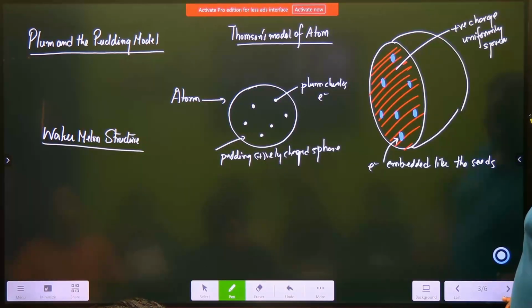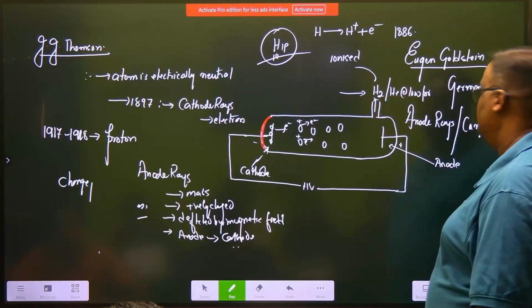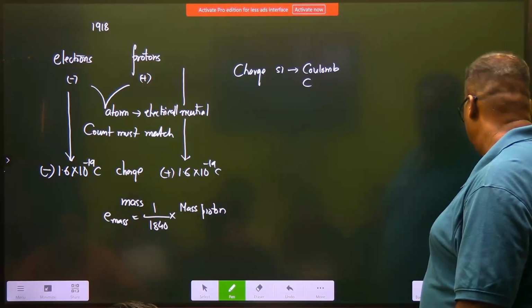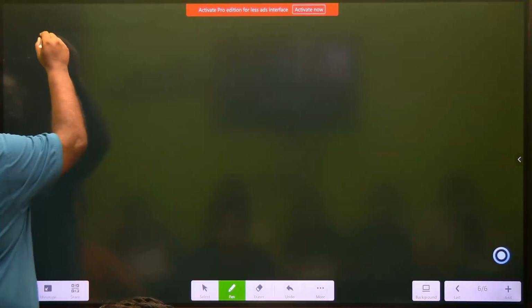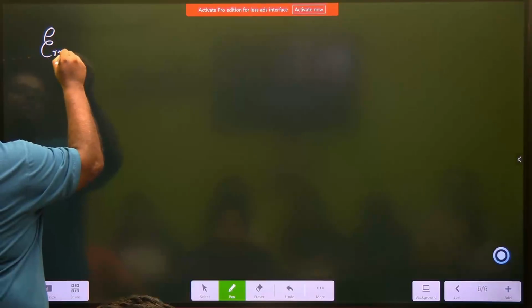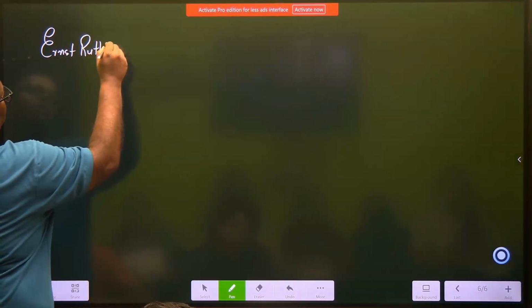Then time went on. So by that time, there was a lot of advancement. And then comes one person, and his name is Ernst Rutherford. He is a Kiwi, a New Zealander.